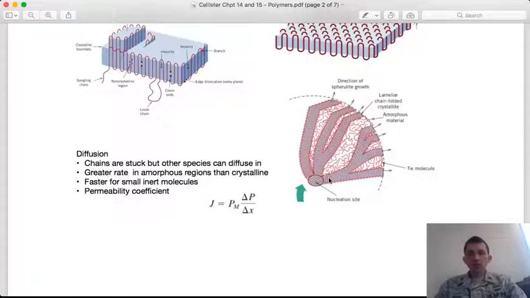But here, the polymer chain nature comes back and exerts its influence in that you don't have a continuous crystal emanating out from this point, but you have regions of crystalline behavior with amorphous regions in between, and it grows out and forms this spherulite emanating from this nucleation site.